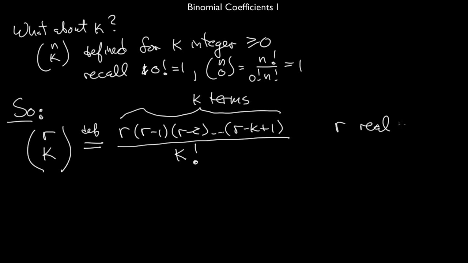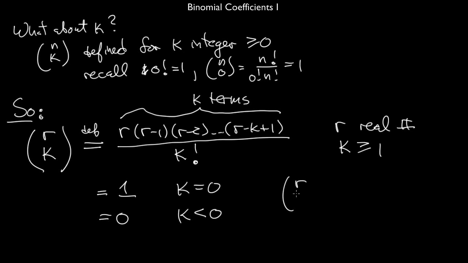And this is defined for any real number R. For this to make sense, you have to take k bigger than or equal to 1. But if k is equal to 0, you just define this number to be 1. And if k is less than 0, you define it to be 0. So the numbers R choose k are now defined for all real numbers R and all integers k.